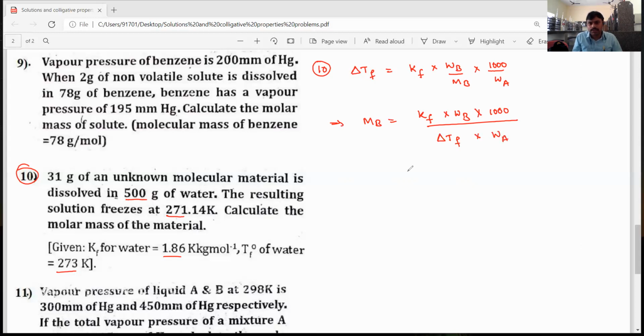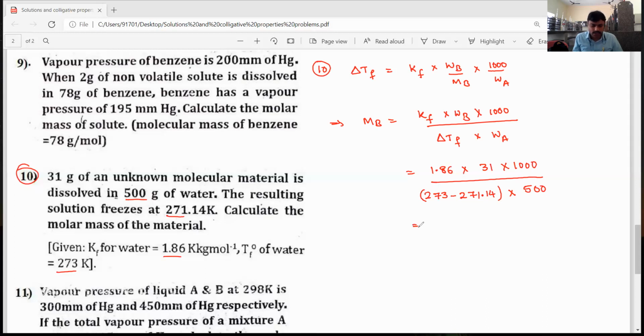Okay, students, the Kf value for water is 1.86, and the weight of non-volatile solute is 31 grams, into 1000, divided by delta TF, which is the difference in the freezing point temperature of solvent minus solution, meaning 273 minus 271.14, into the weight of solvent, water, which is 500 grams.